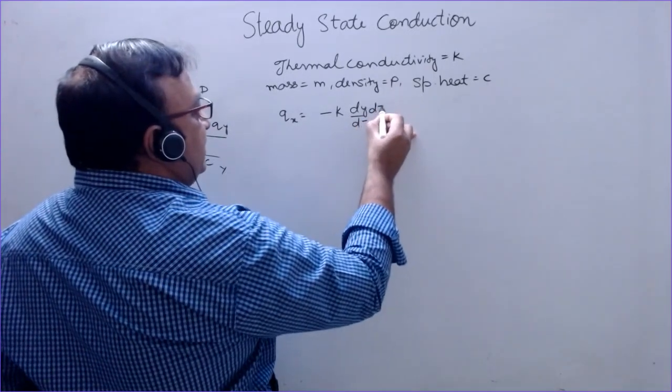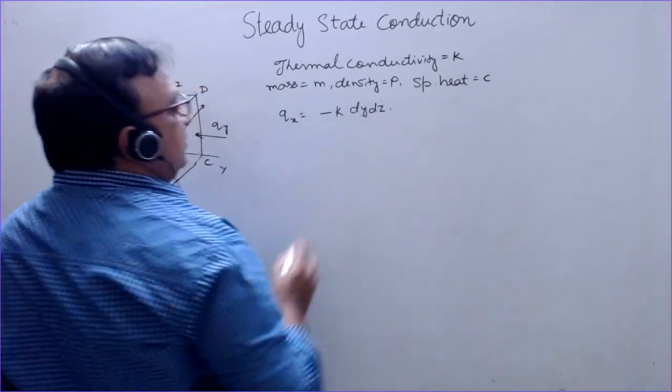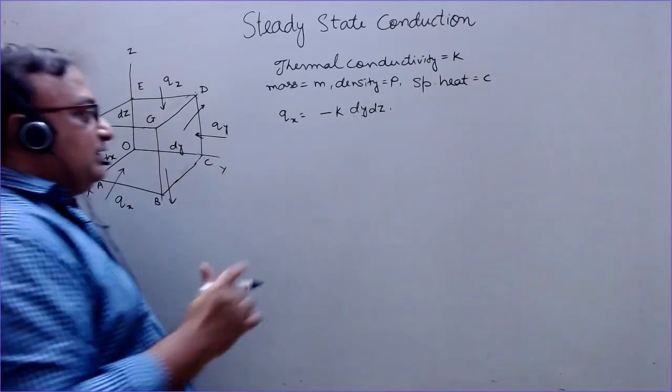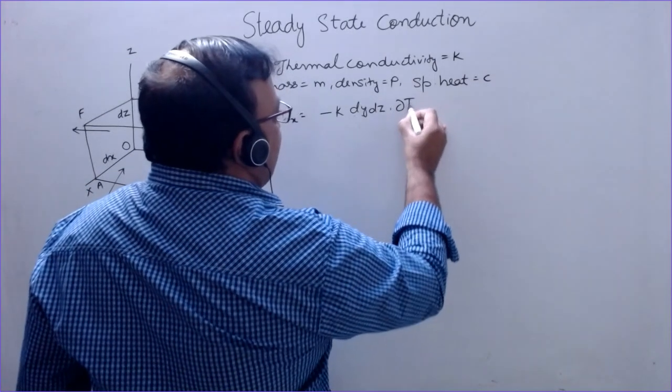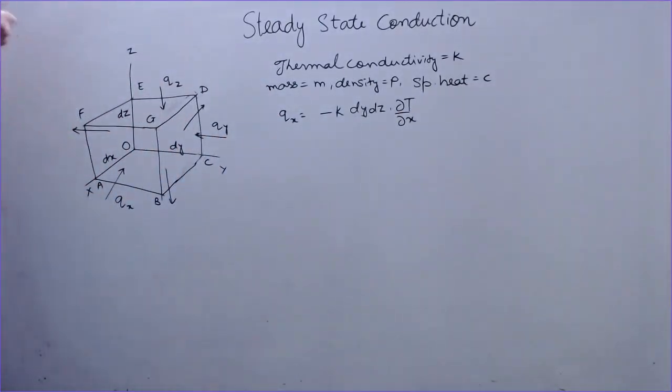dy into dz multiplied by the thermal gradient. Thermal gradient means change in temperature. Suppose dt is the change in temperature over the length, that is dx. So this is to be written as a partial derivative, because the temperature is varying in 3 dimensions, x, y and z, and this is the heat flowing per unit time.